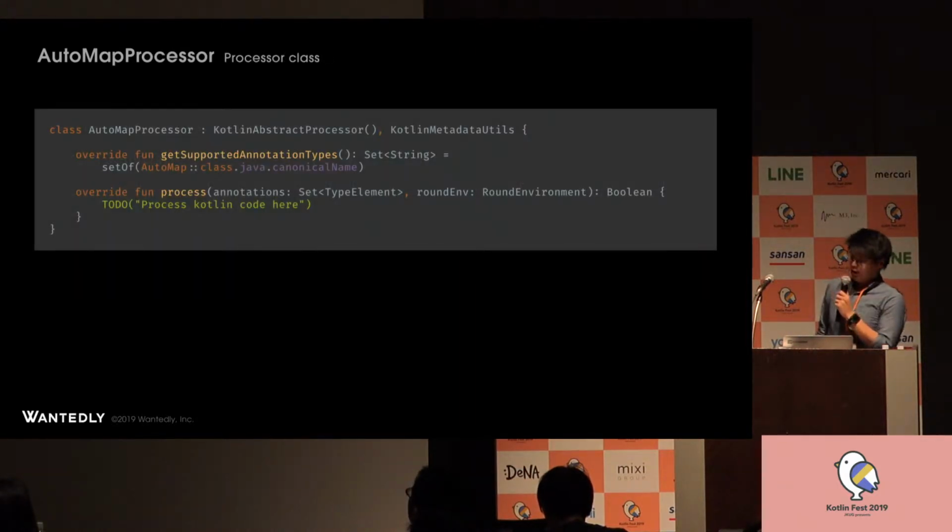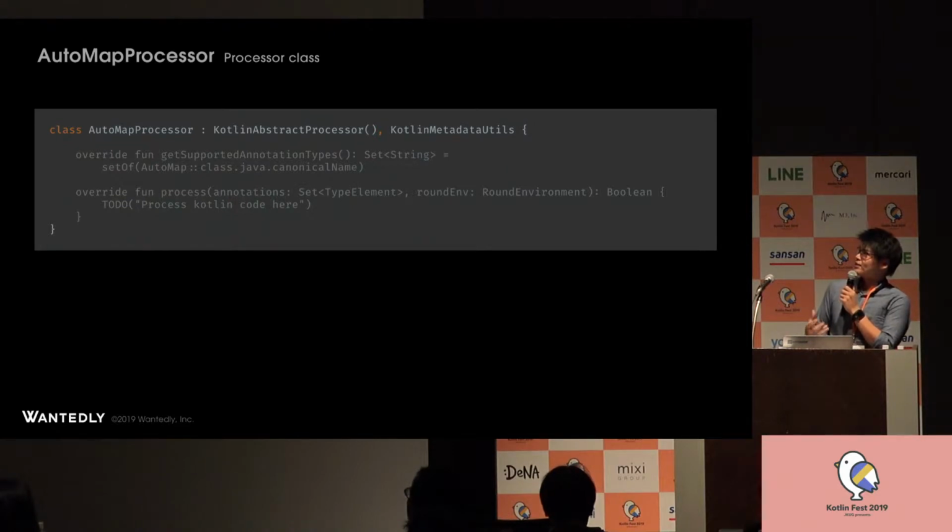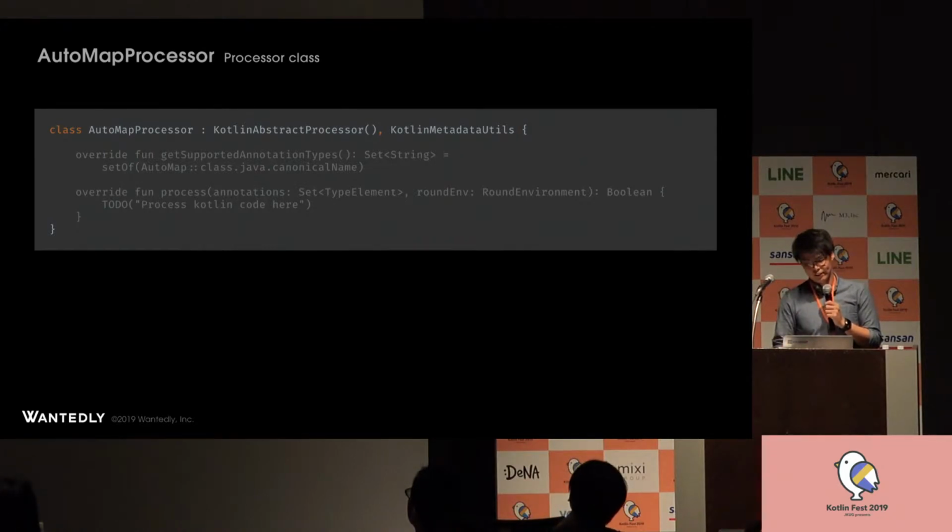So let's create our processor class and name it AutoMapProcessor. As you can see, we extend from KotlinAbstractProcessor and implement KotlinMetadataUtils. This class and interface from the Kotlin metadata library provide utility methods to access Kotlin metadata.